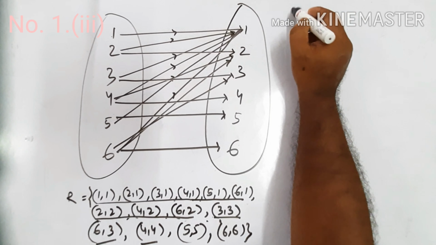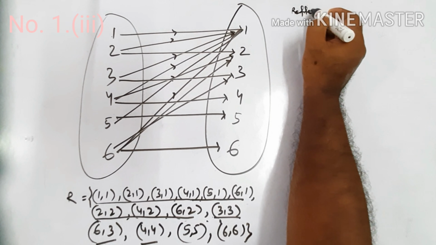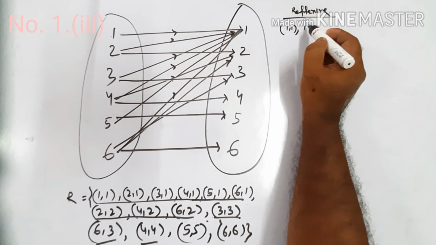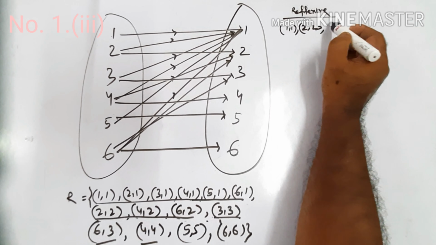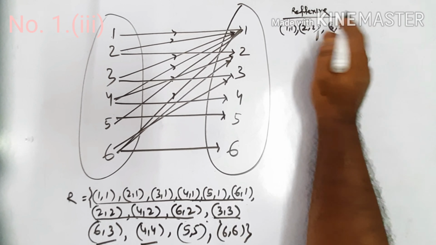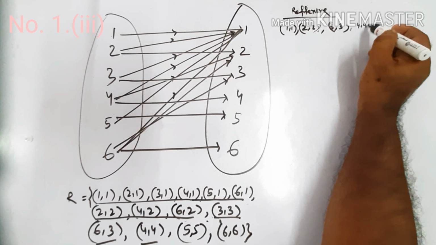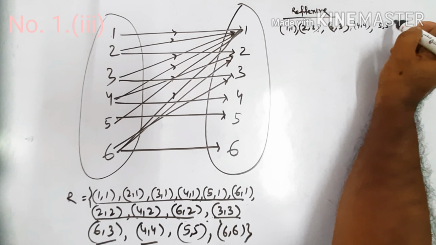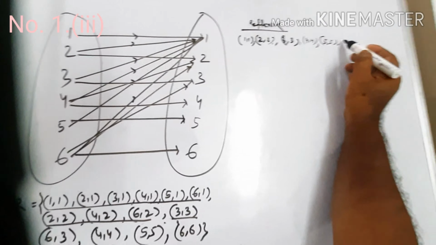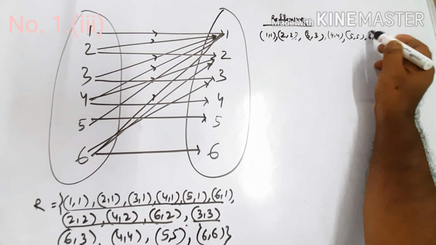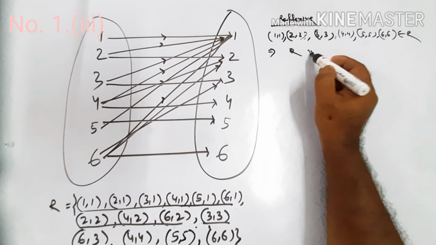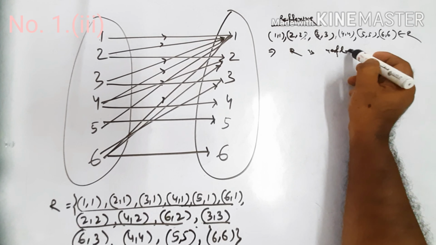Now you have to show reflexive. Reflexive: clearly (1, 1), (2, 2), (3, 3), (4, 4), (5, 5), (6, 6) are present in R. This implies R is reflexive.